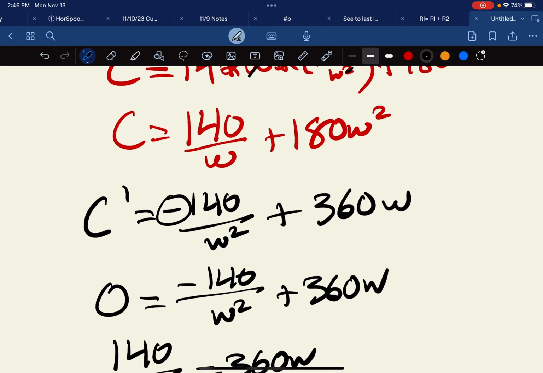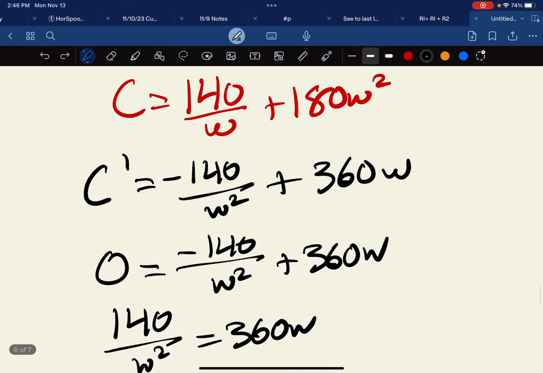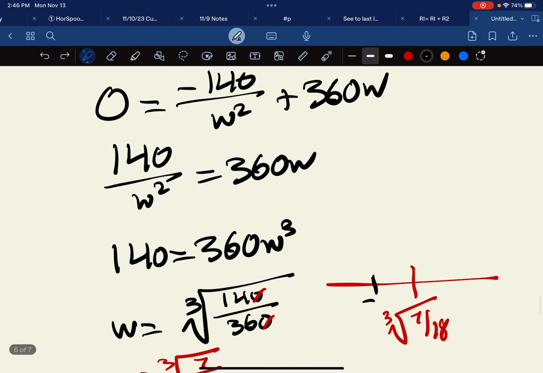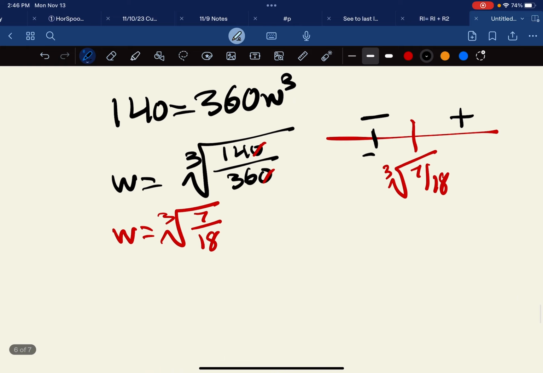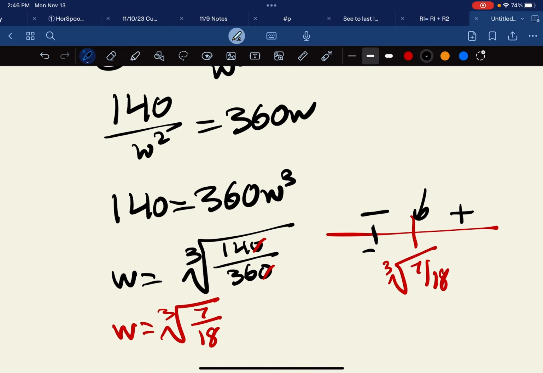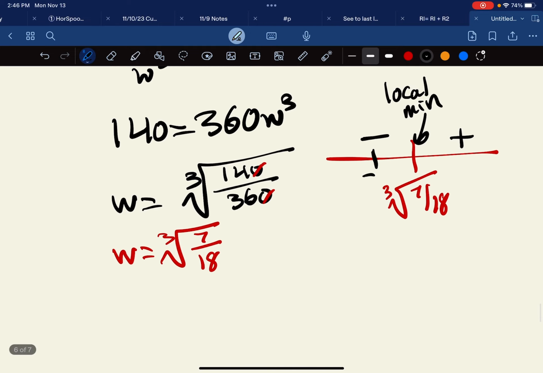This negative makes this term always negative. This is going to become a negative. So that's going to be a negative plus a negative, which is always going to give us a negative. And then it's going to be positive over here. Okay, so then that means we have a local min here at this w value.